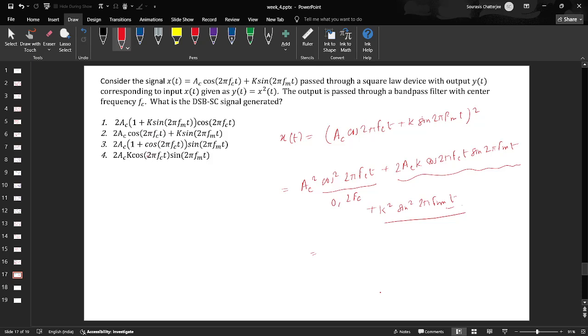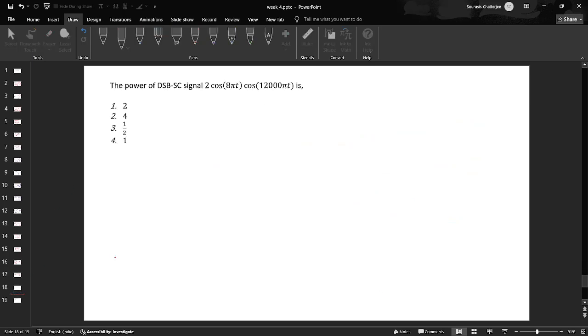What is that? Here, the fourth one. Again, the power of the DSB-AC signal. I am not getting into the detailed calculation; I have done a similar thing for another previous question. You can check that.